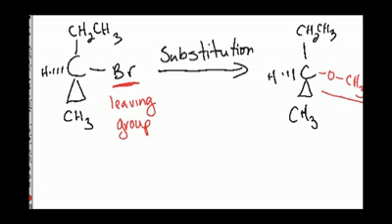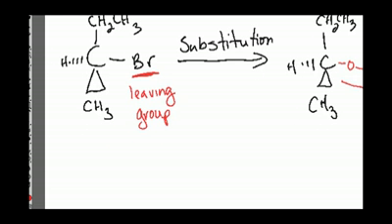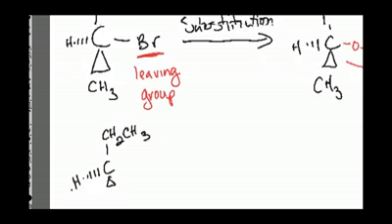That's a substitution reaction. Now for an elimination reaction, what would happen is we would take that same scenario and create a double bond. And this is usually done by abstracting a hydrogen, leaving the electrons behind in order to form a pi bond.